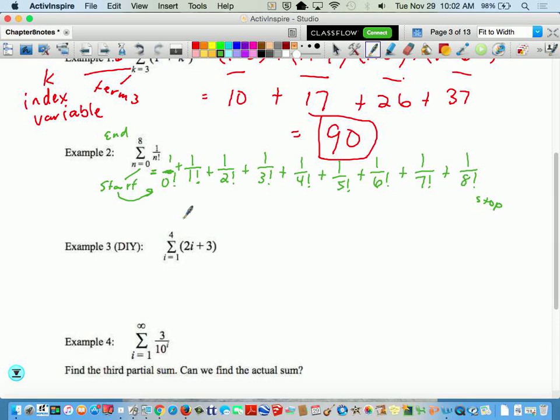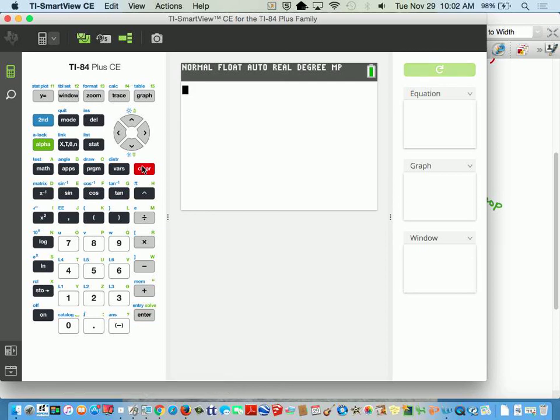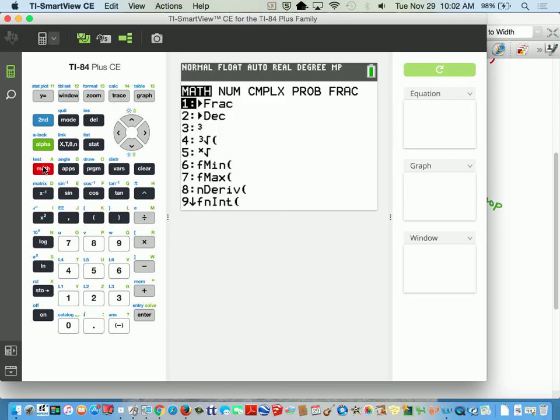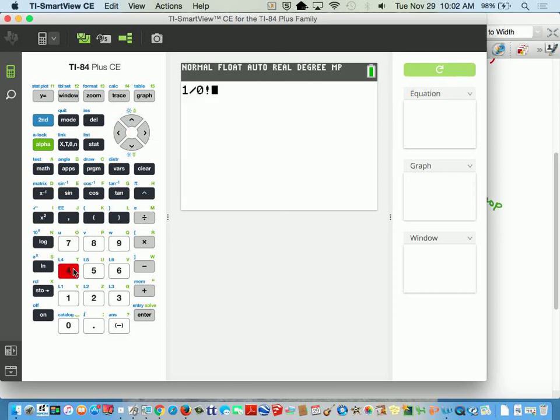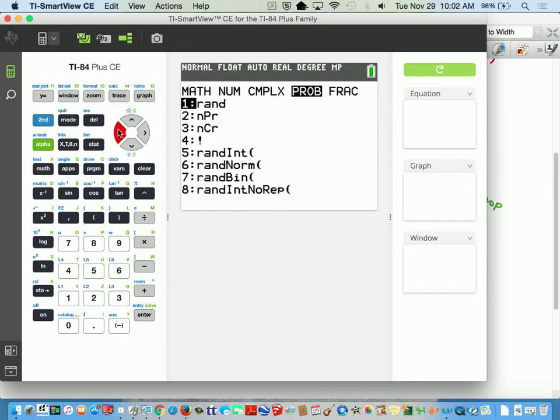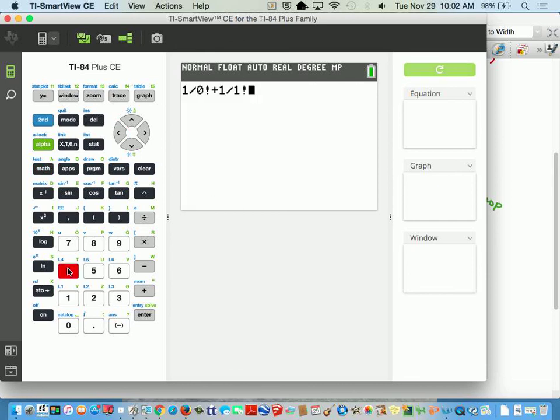Now there might be easier ways to do this on your calculator, but we could just type it all in. 1 divided by 0, and then you can go math, 4, 0 factorial, then you can do 1 divided by 1, math, factorial. So it's only putting the factorial on the bottom number.